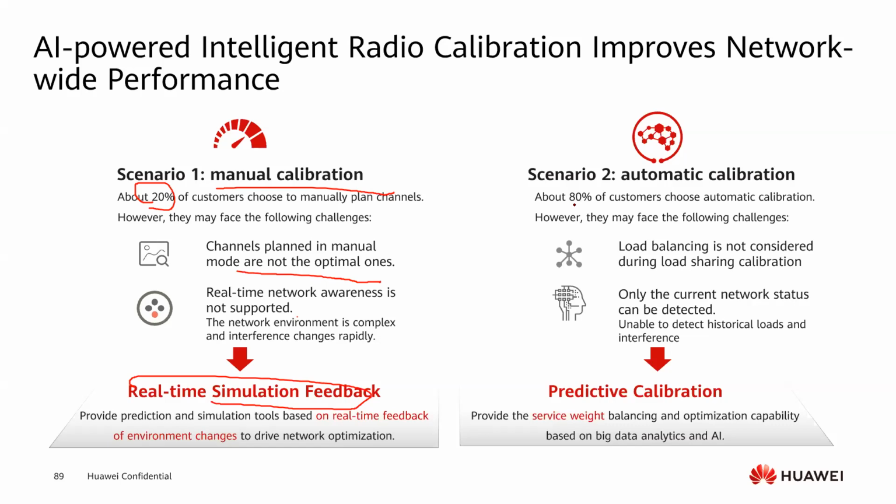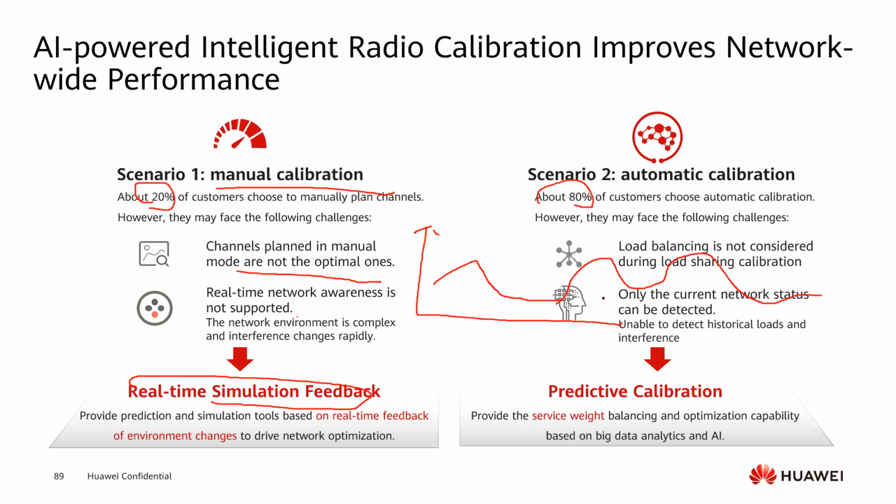And almost 80% of customers will choose automatic calibration. However, for the traditional automatic calibration, load balancing is not considered during load sharing calibration, and only the current network status can be detected. For example, this is your network status, and as usual, your network status is like this.